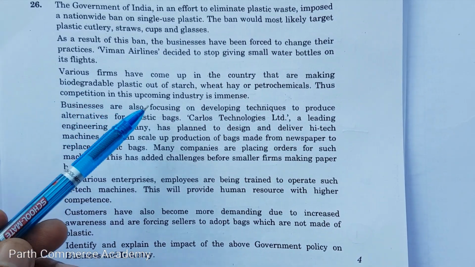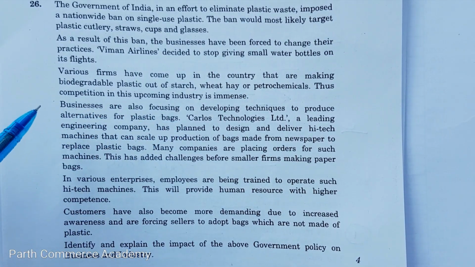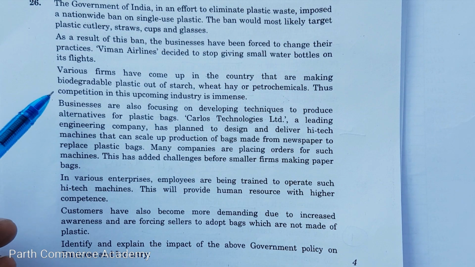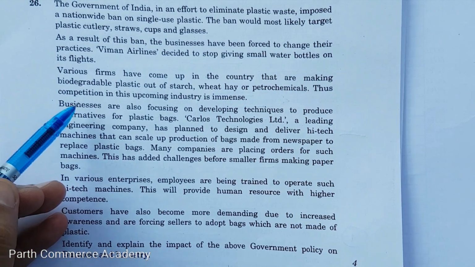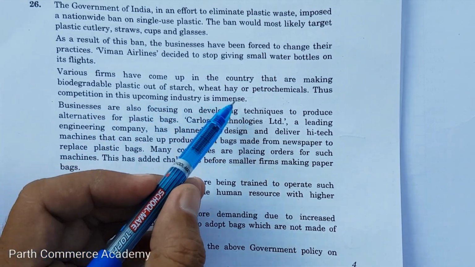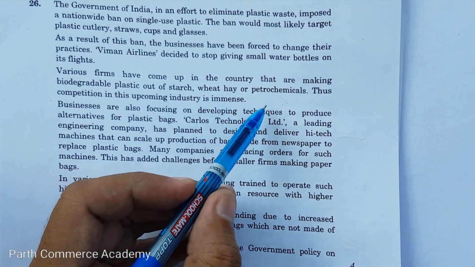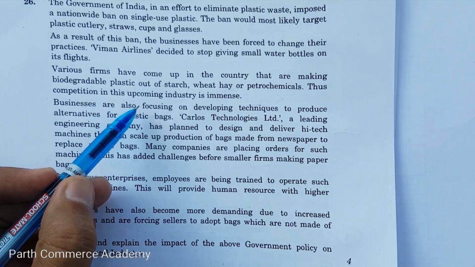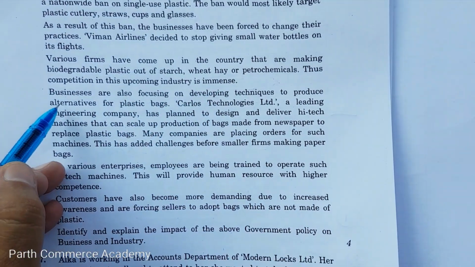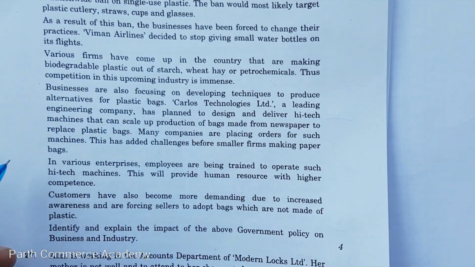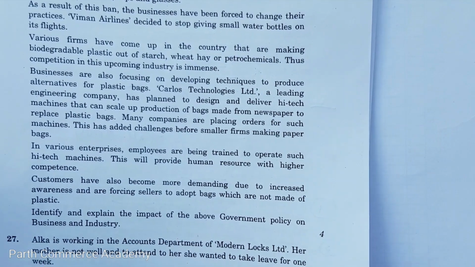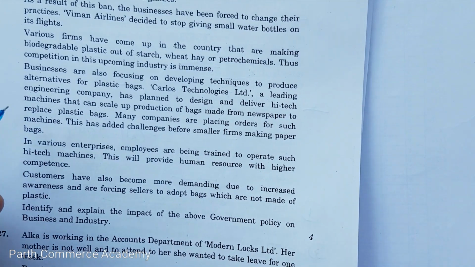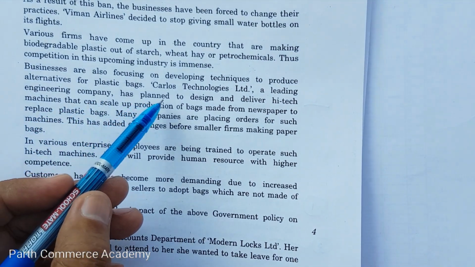Various firms have come up in the country making biodegradable plastic out of starch, wheat, hay and petrochemicals. Thus competition in the upcoming industries is immense. Businesses are also focusing on developing techniques to produce alternatives for plastic bags.